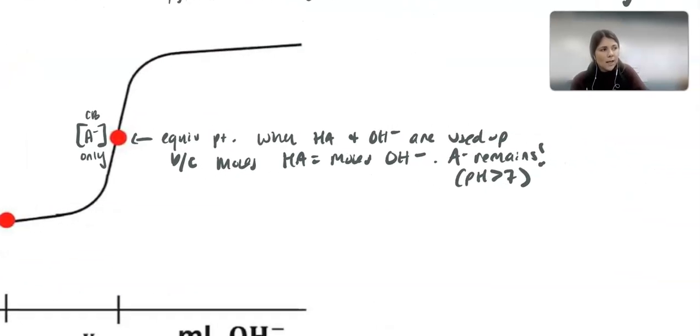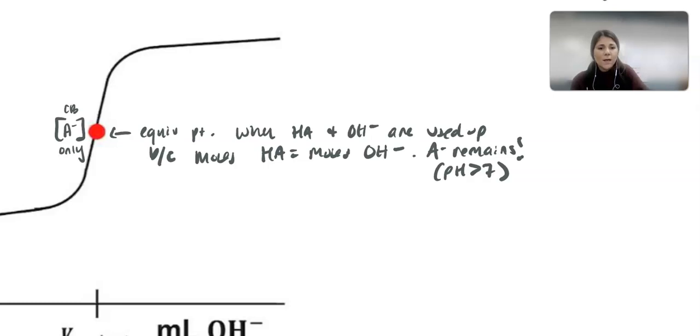And so if this is the only thing that remains, you need to rewrite the equation to show that A minus is the only thing that remains in that entire solution after things reacted. So you rewrite the equation, and this is based off objective 8.3. Here, you're just going to show A minus, the weak conjugate base, in weak equilibrium.